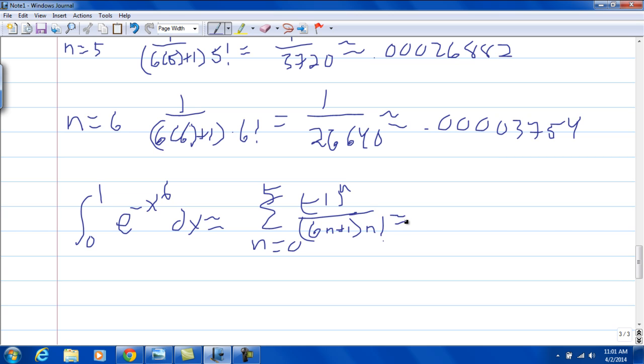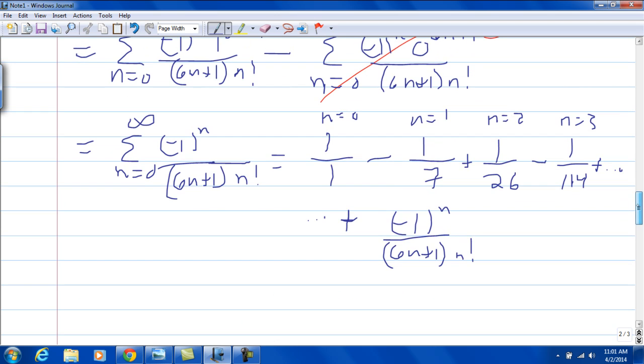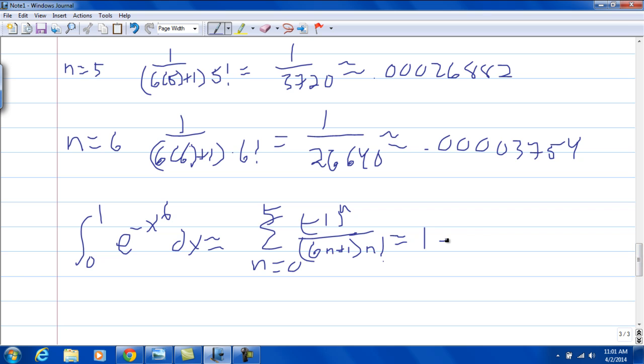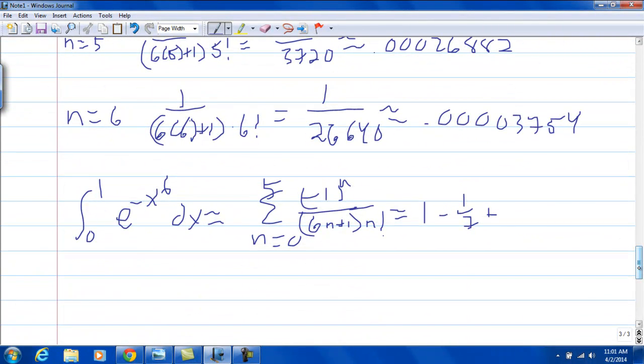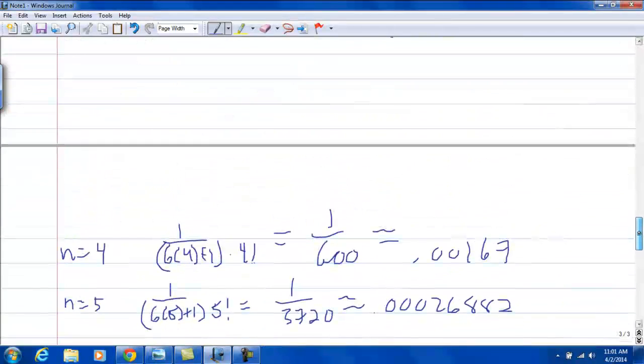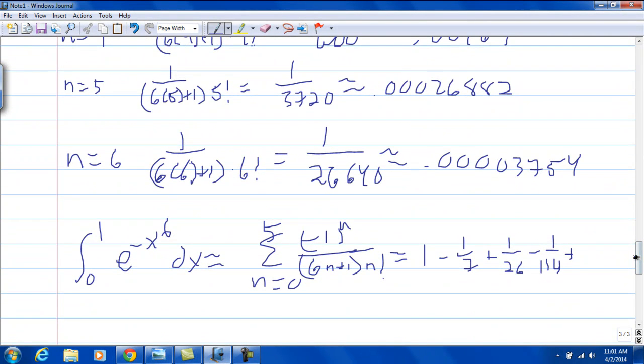And that's going to be approximately we have 1 minus 1/7 plus 1/26 minus 1 over 114 plus 1 over 600 minus 1 over 3720.